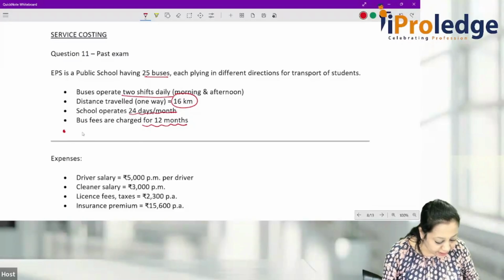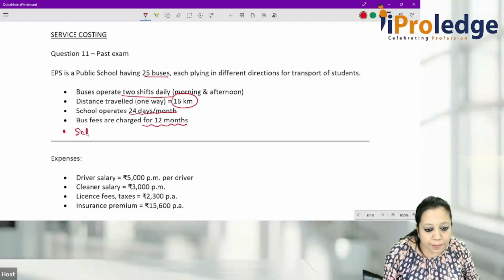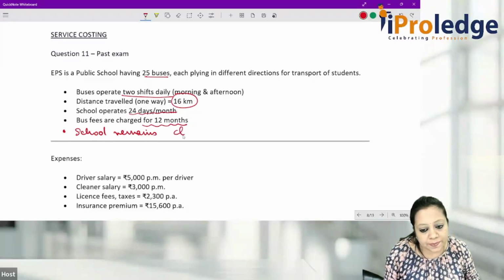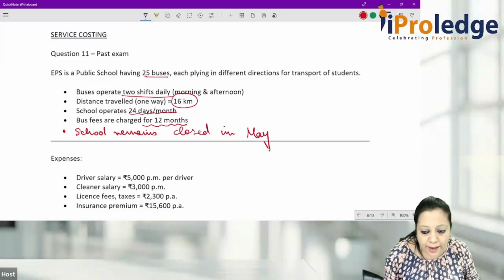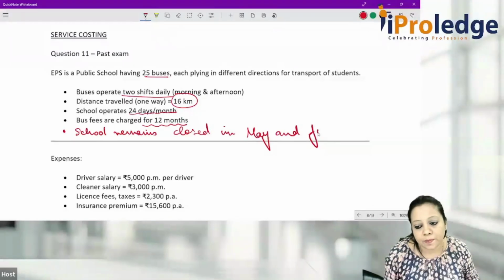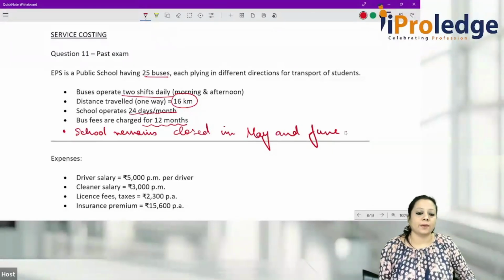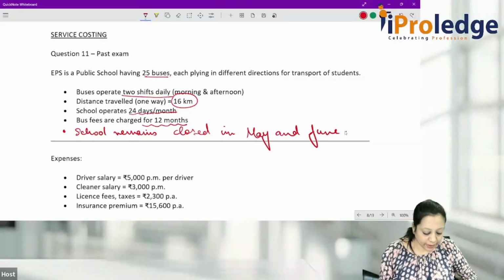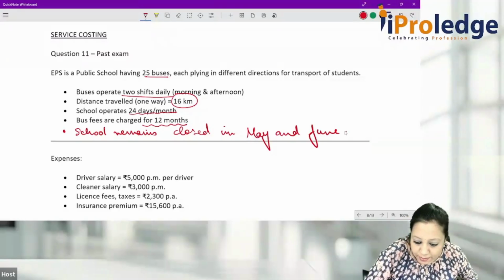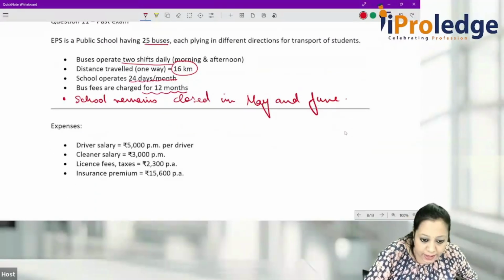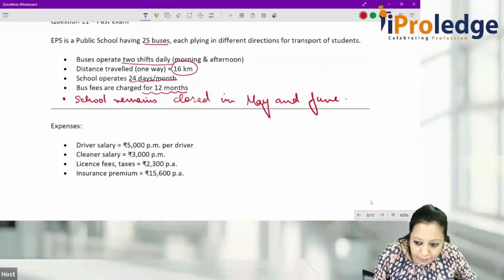So school remains closed in May and June. So this one missing information is there. Before we proceed, let me check the other information if there is anything missing.